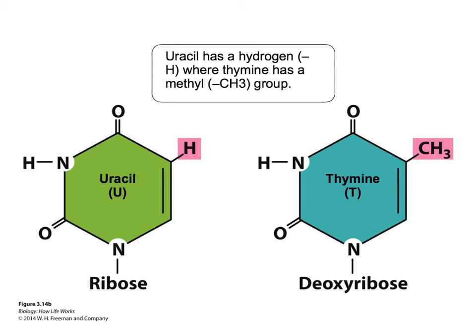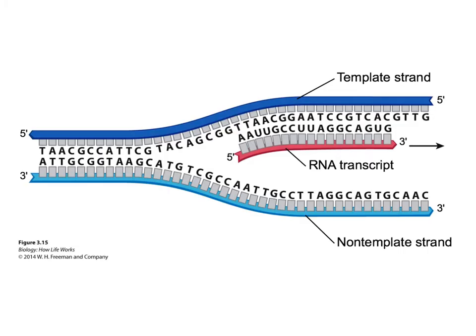So what we're going to do in terms of transcription. This is a picture of transcription. So let's have a look. We've got 5', 3' on our two DNA strands.